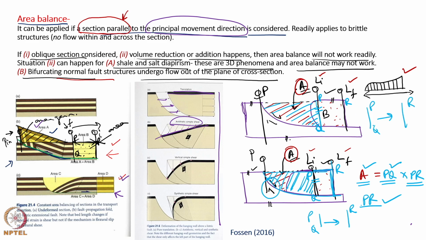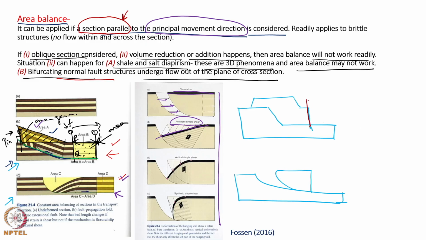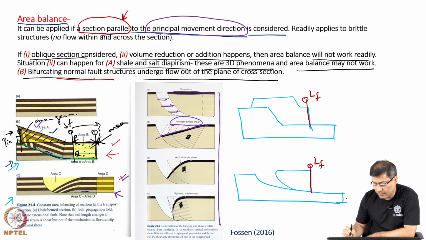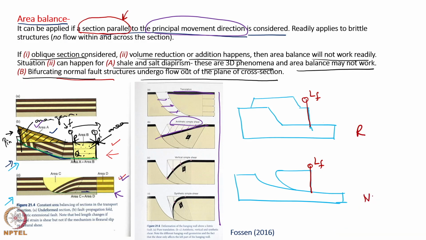So, what is the basic difference between our exercise with normal fault and the reverse fault? The difference is the choice of L initial, the loose line in the initial, undeformed position. Its determination is a little bit different in case of a reverse fault and in case of a normal fault.